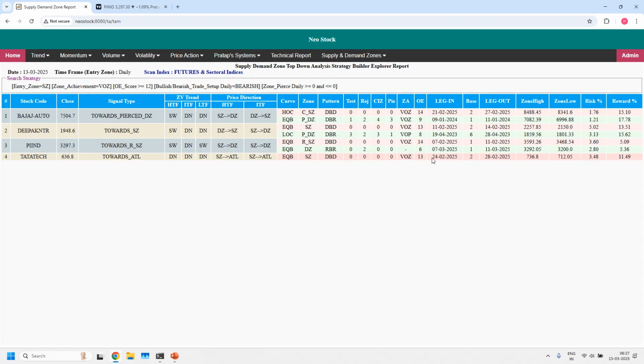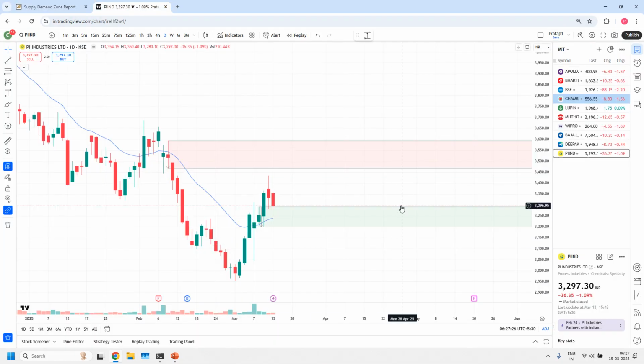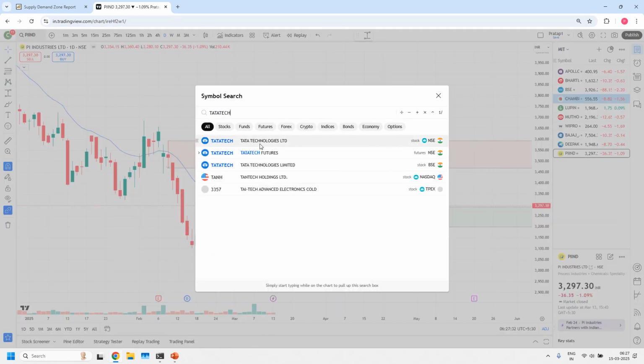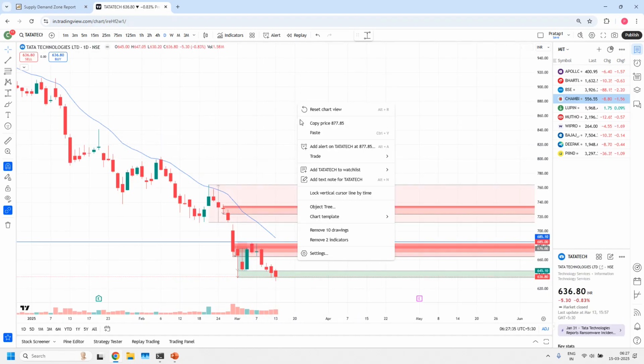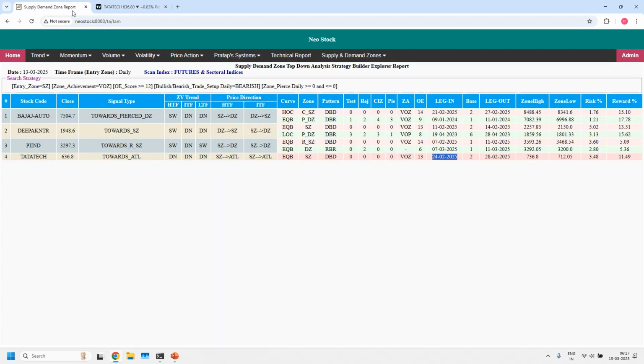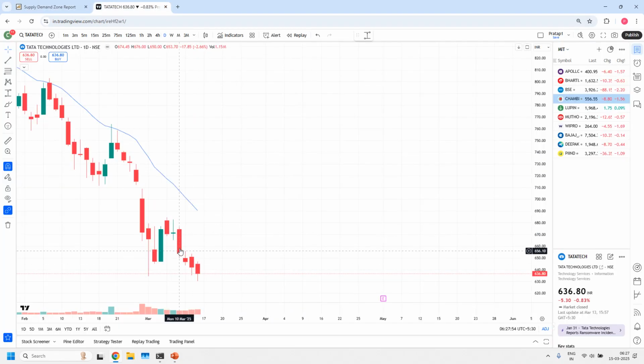First, let us draw this zone. It was created on 24th February after the two base candles. Is it drop base drop? No, 24th February. Maybe this is not good enough to consider as a large candle. That's why the software did not consider it.